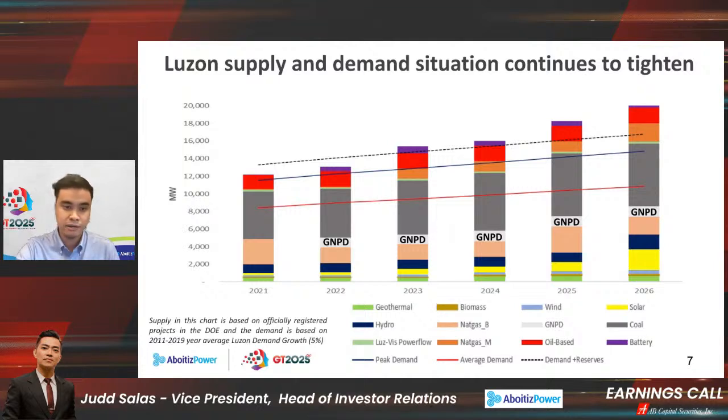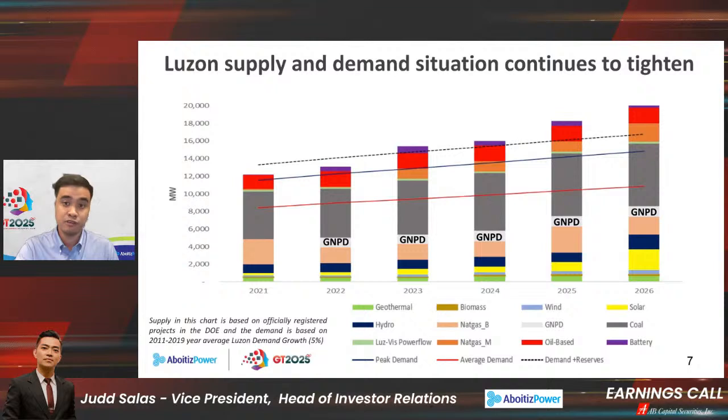This broken line, representing the peak demand and the grid's reserves, has the buffer that the grid operator or NGCP decides on. This buffer is important because if there are unexpected events like forced outages in the grid or any fluctuations in demand, since demand is not linear, there will still be enough supply to cover for the demand.